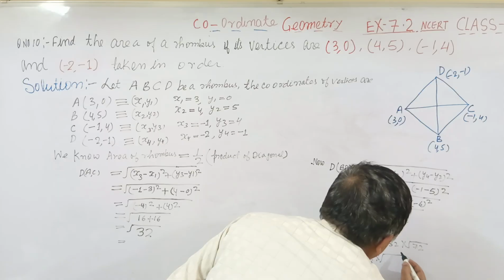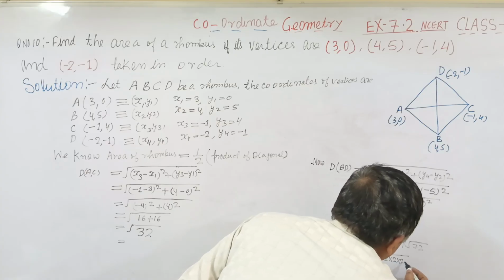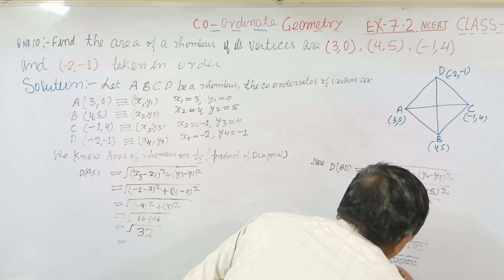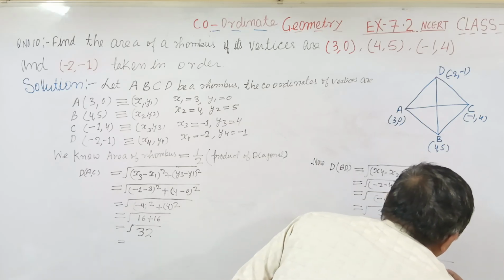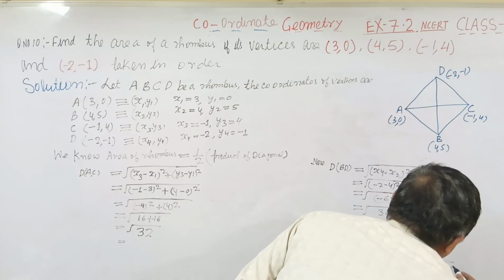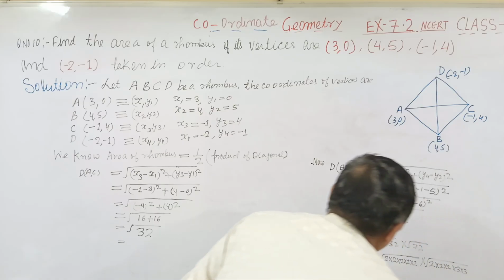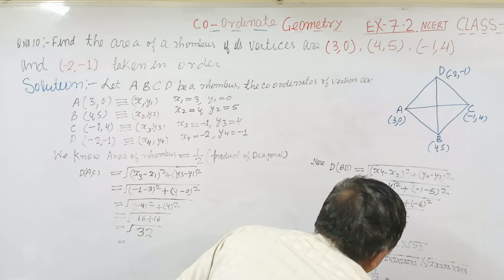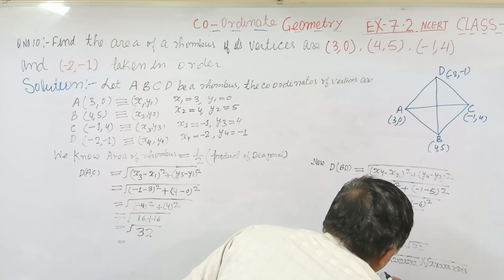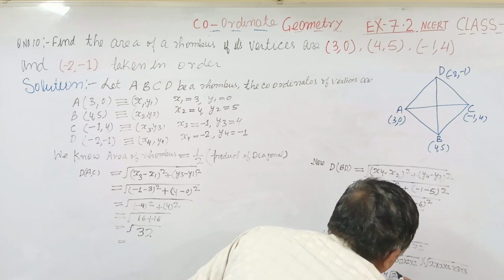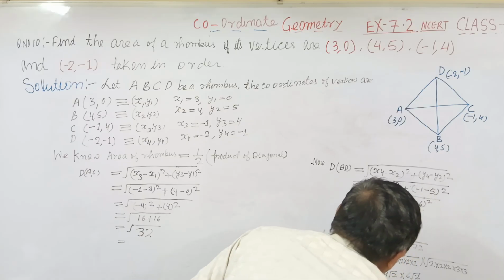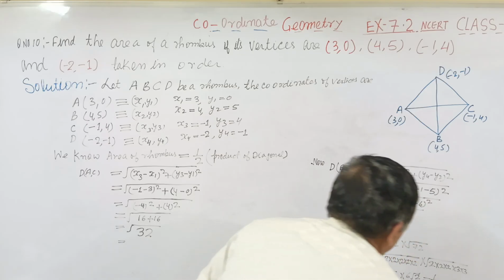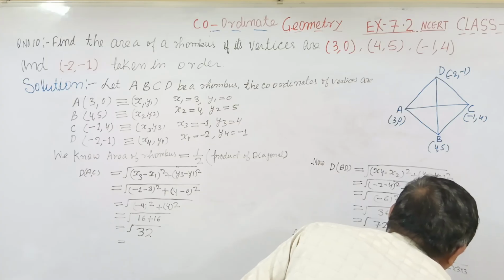Root 32 means 2 into 2 into 2 into 2 into 2, and 72 means 2 into 2 into 2 into 3 into 3, so we get 1 by 2 into 4 root 2 into 6 root 2, which equals 1 by 2 into 6 into 4 into 2.